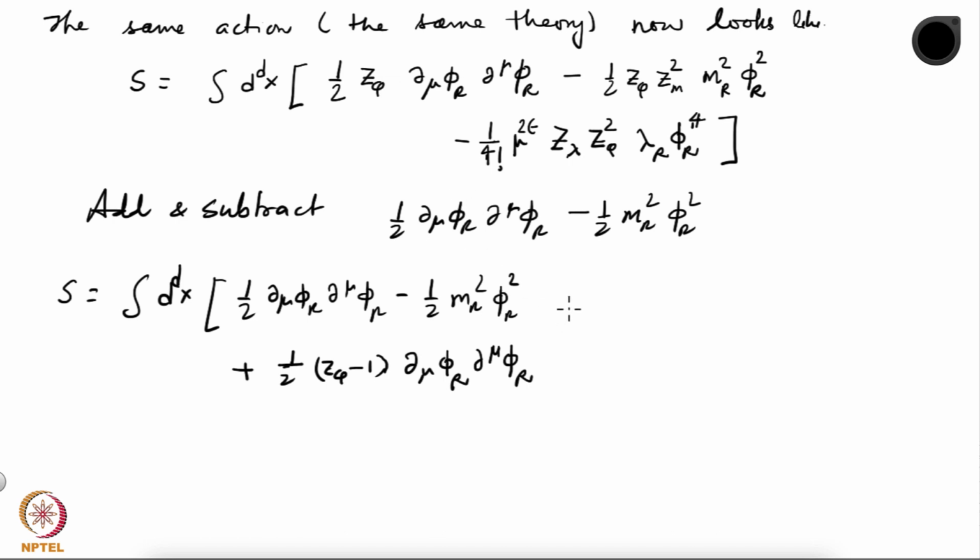Okay, now let's look at minus half m r square phi r square term that I have added. So I should subtract it, and I will subtract it from here.